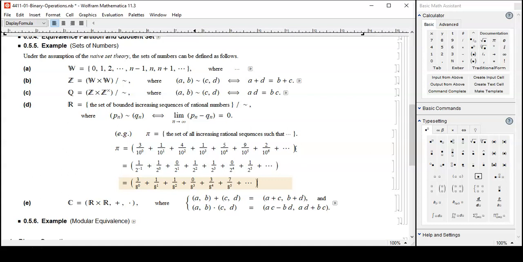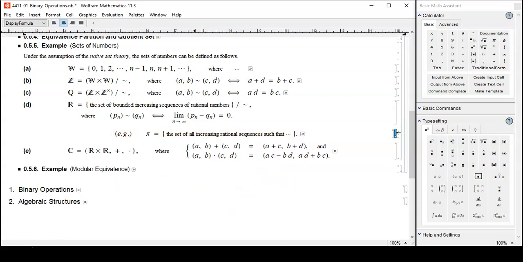They're all the same. They all converge to the same real number, pi, and we can consider not just pi but everything as a bounded increasing sequence. And then if you have a terminating sequence, then that's a rational number. If it is not terminating, then we are going to get an irrational number.